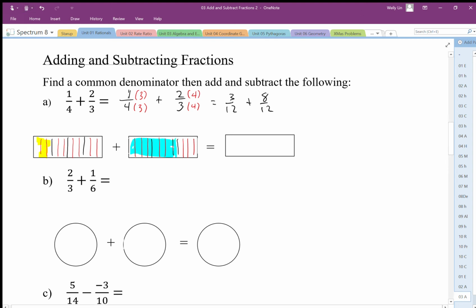Okay, and when I add these together, then I'm going to end up with 11/12. So I have 3/12 and 8/12 added together to give me my 11/12 solution. Okay, so there it is, my 11/12 solution.